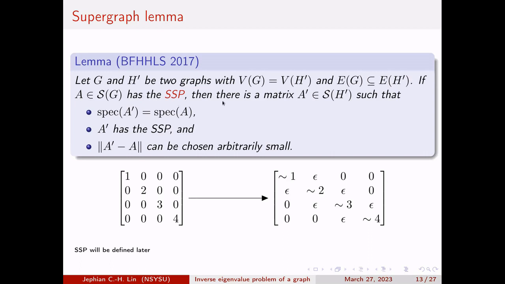Then this lemma tells you that there will be a matrix A prime in the new graph such that the spectrum is the same, and it also has the nice property SSP. And A prime is a perturbation of A; it can be chosen arbitrarily close to A. So the question is, what is this SSP? If this is true, then you can create a lot of matrices with a nice spectrum, constructing the matrix implicitly without really doing the computation.